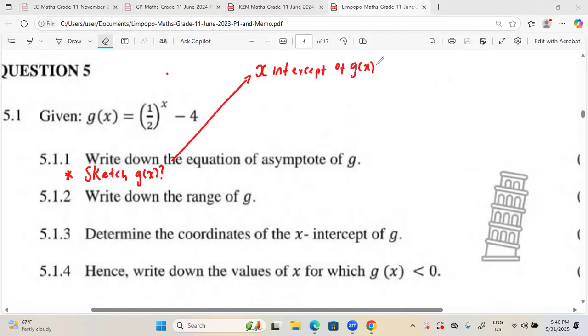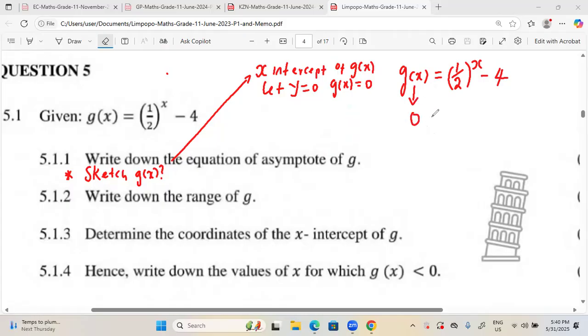Grade 11s, to find the x-intercept, you let your y be 0. So my y in this case is g of x. I'm going to let it be 0. So I'm going to come to this function that says g of x equals 1 over 2 to the exponent x minus 4. I want to find the x-intercept, so I'm letting this g of x be 0.